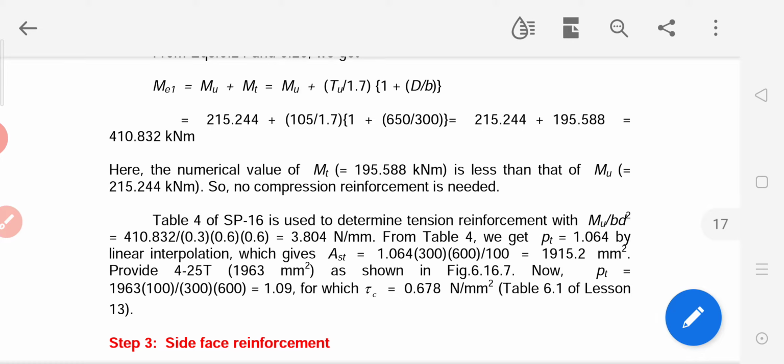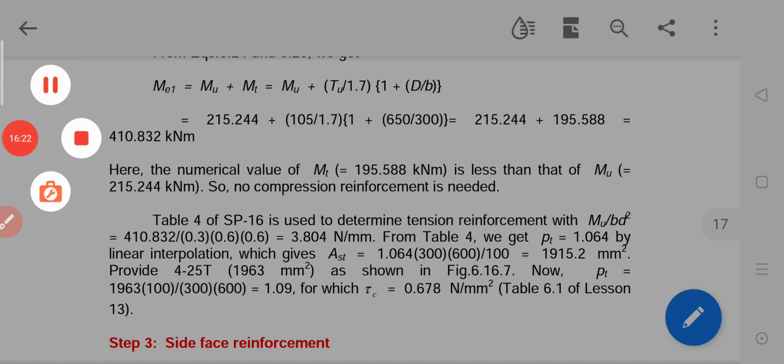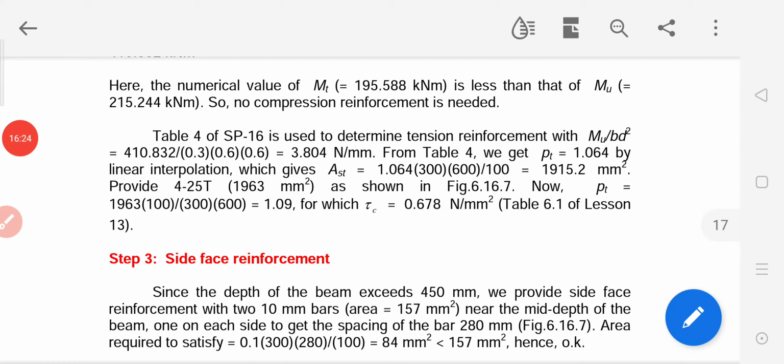So no compression reinforcement is needed. From table 4 of SP16 is used to determine tension reinforcement with Mu upon BD square.